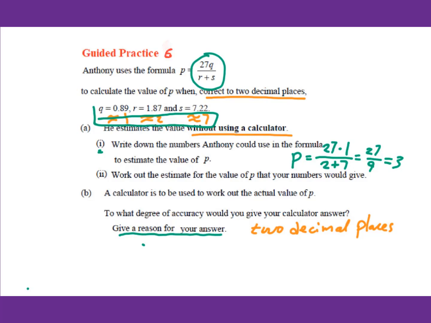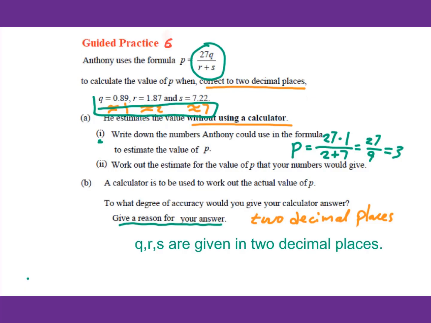Because they are given to 2 decimal places for Q, R, S. We are talking about the degree of accuracy, which normally means how many decimal places or how many significant figures. So you can also say that I will give my calculator answer to 3 significant figures.